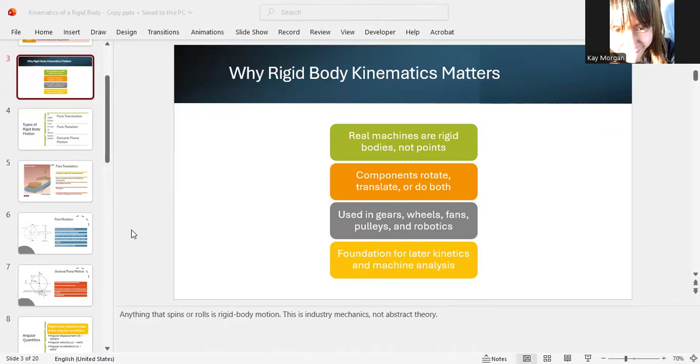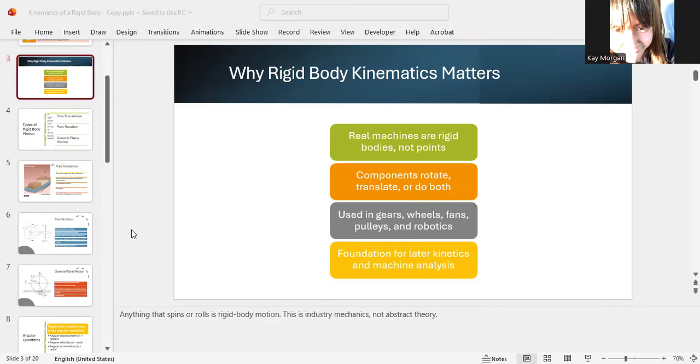So these components in a machine can translate, meaning they can move in a straight line. They can also rotate, meaning they spin about an axis. Every time you think about rotation, it's like imagining a circle, and the circle has a center, which we call an axis.